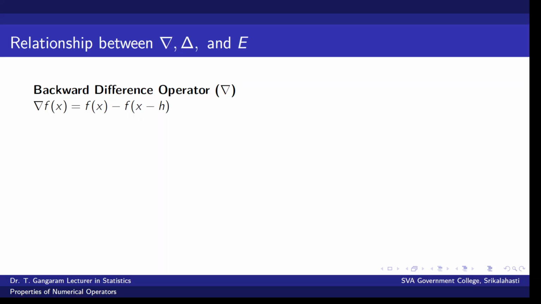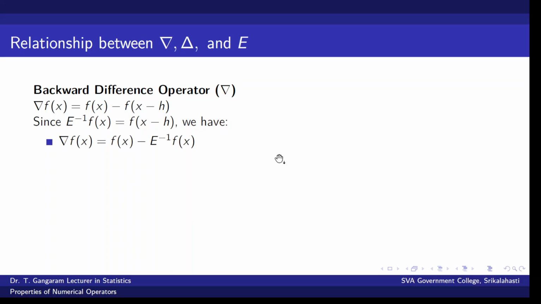Relationship between nabla and the other operators. By the definition of backward difference operator, nabla f of x is given as f of x minus f of x minus h. Since E power minus 1 f of x is equal to f of x minus h, we substitute f of x minus h in the above form.